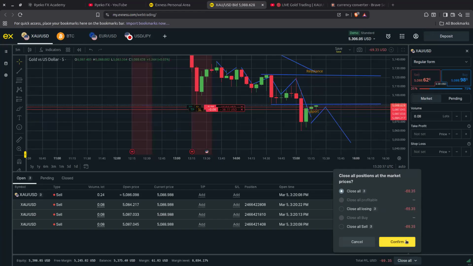And you can trade on a small lot to avoid making losses. I want to grow this account to 10,000.